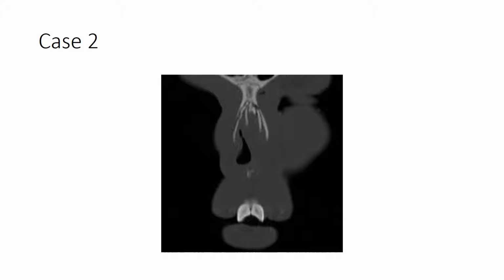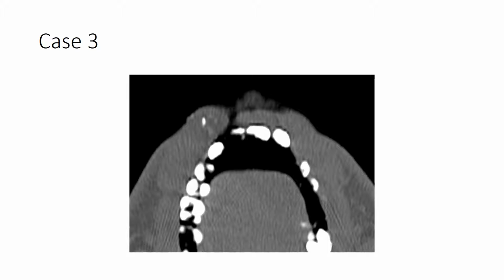But the enamel would never extend down to here. The enamel is this thin layer along the tooth surface. So this is not a type 1 fracture involving enamel. This is simply the way that the coronal slice is cutting the image.